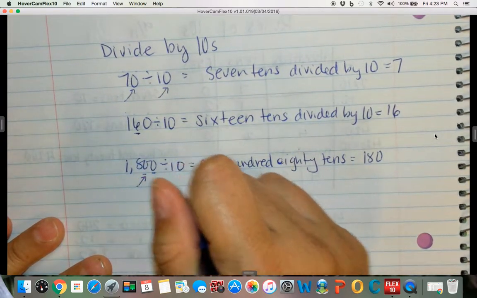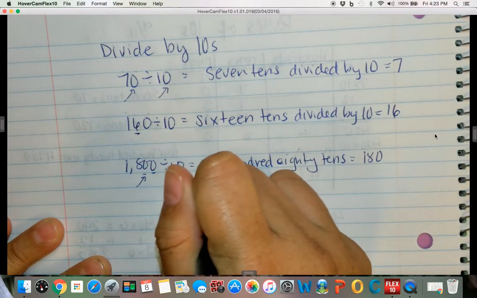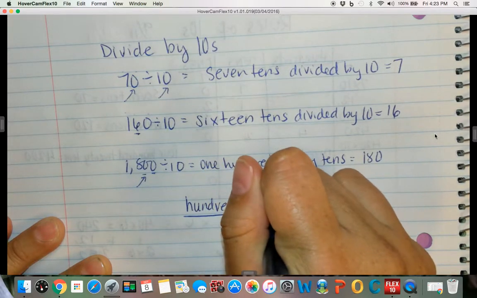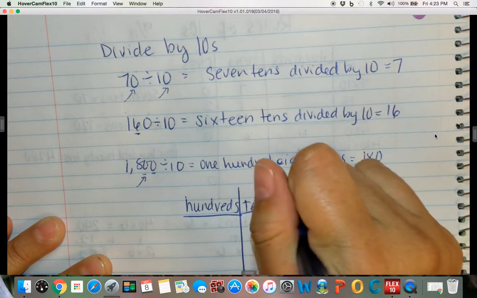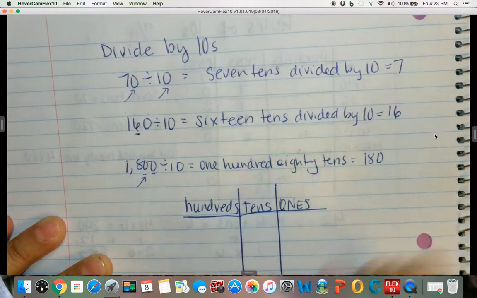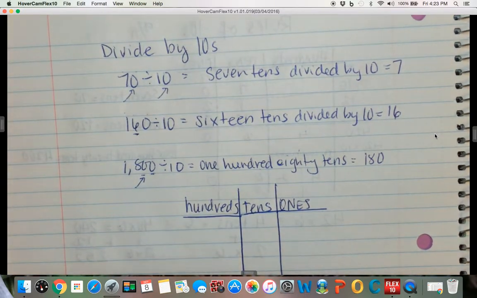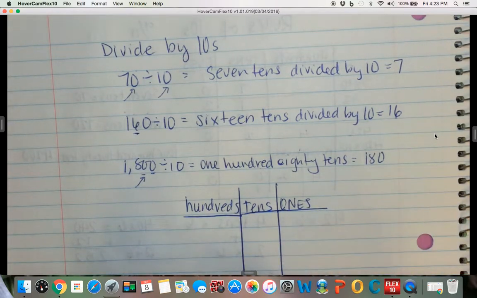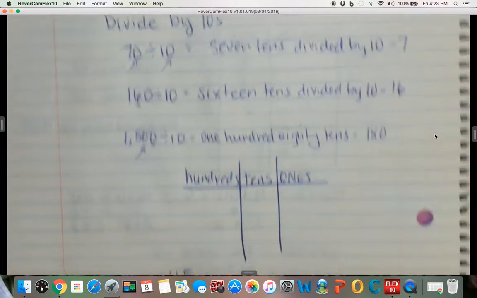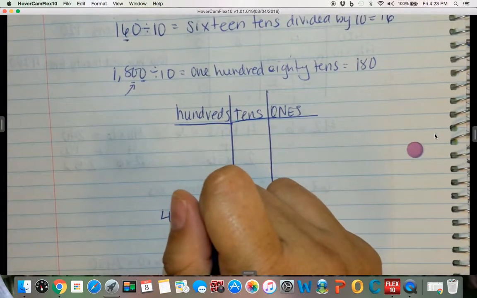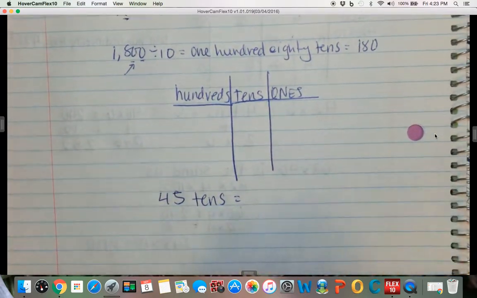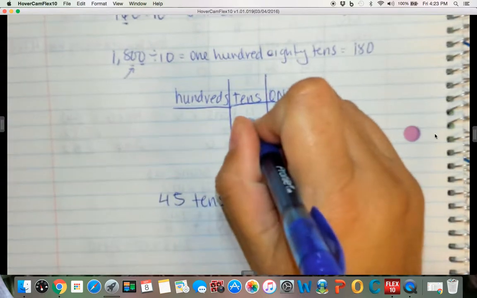I'm looking at that place value. So let's look at this chart again. Hundreds, tens, ones. If I have 45 tens, how much do I have? Well, I got to put that 45 where it ends in the tens place.